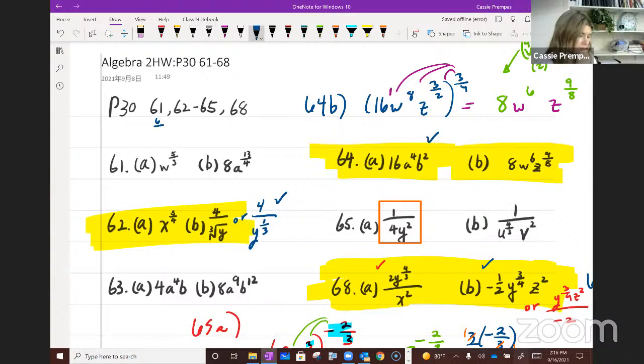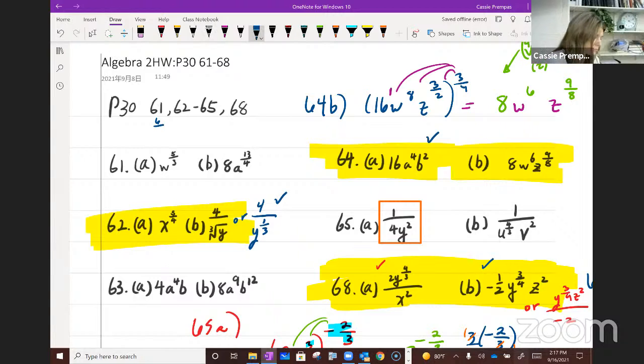What's the exponent for C? In 64B, no, the exponent. In 64B, 9/8. Oh, 9/8. 62A is x to the 5/4.